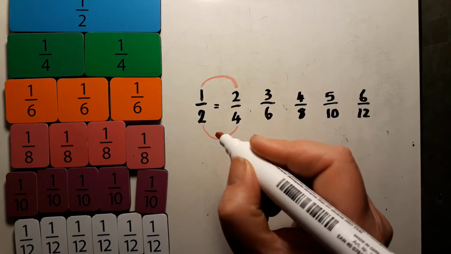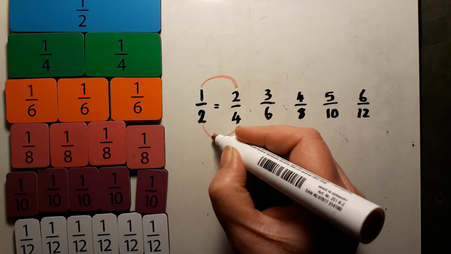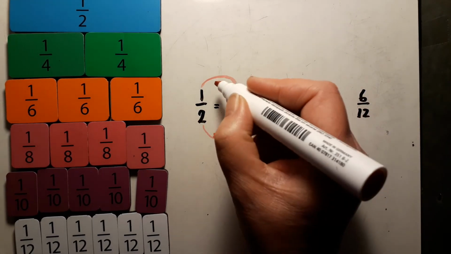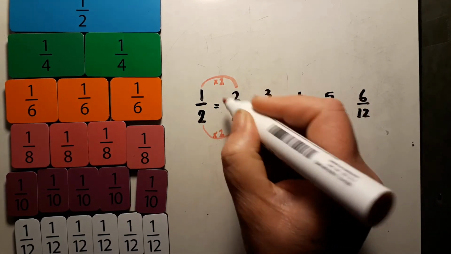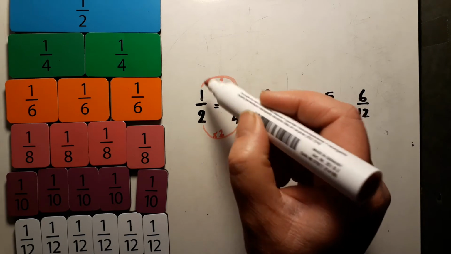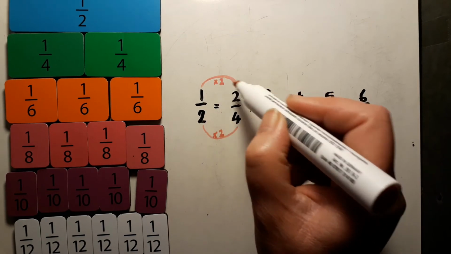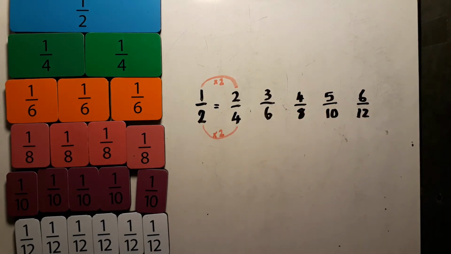Okay, so here 2 multiplied by 2 is 4. And whatever I've done to the bottom, I need to do to the top. So 1 multiplied by 2 is 2. And there you can see the numerator.